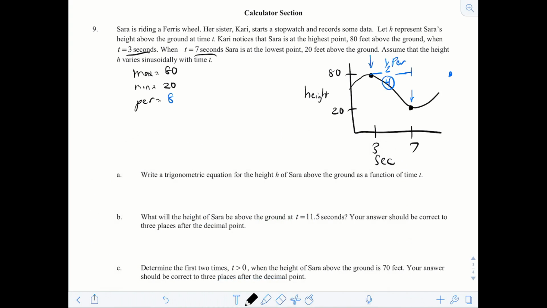Once I have my max, my min, and my period, great, I can start out my equation. A is going to be 80 minus 20 divided by 2, so that gives us 30. My B value is going to be 2 pi over the period, which is 2 pi over 8, which is pi over 4. My C value is a distance away from the y-axis.